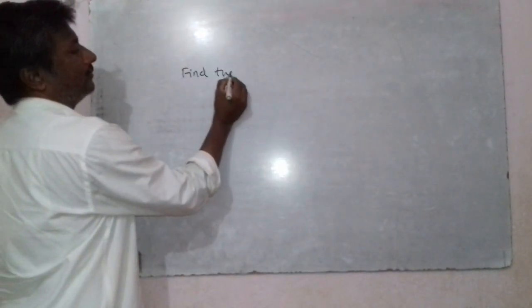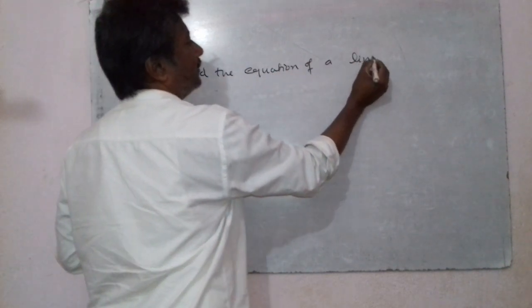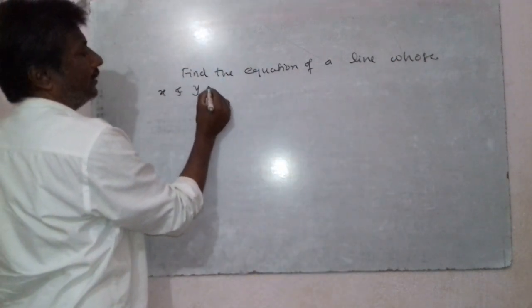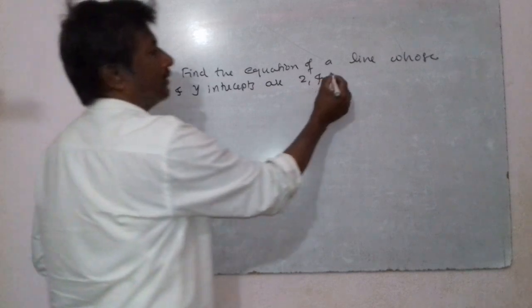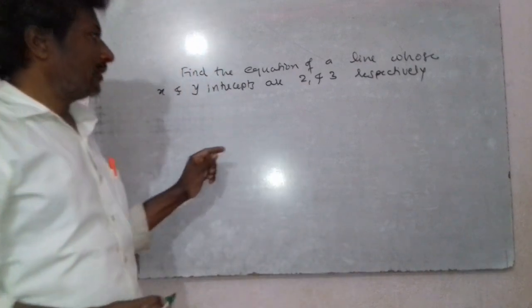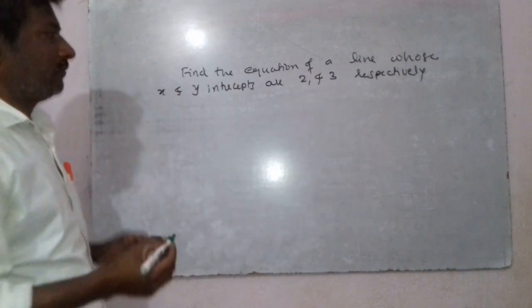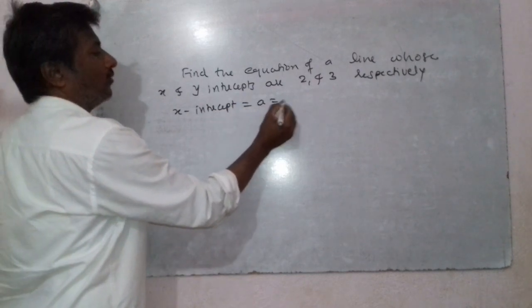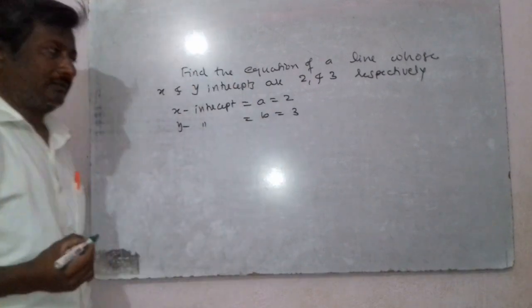Find the equation of a line whose x and y intercepts are 2 and 3 respectively. Here the x intercept a equals 2 and the y intercept b equals 3.